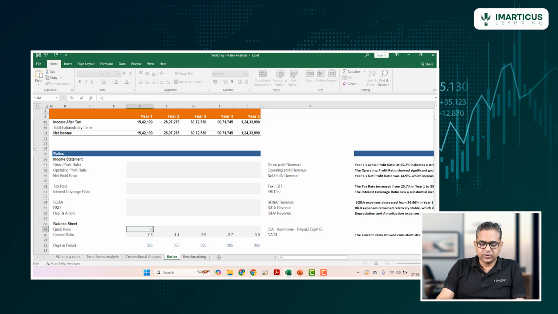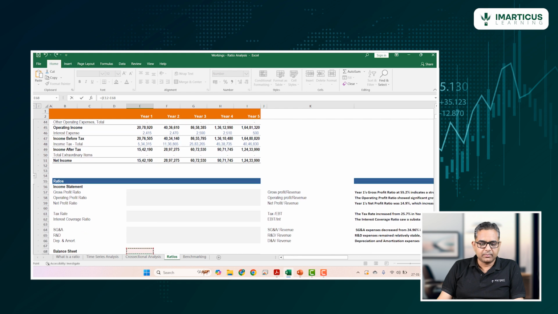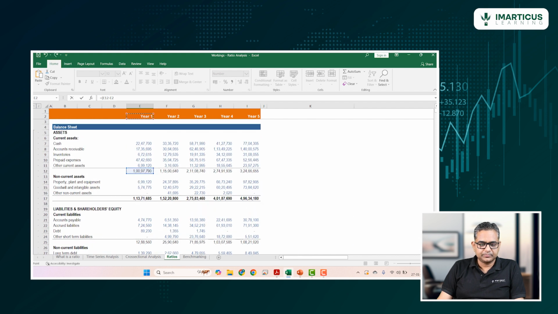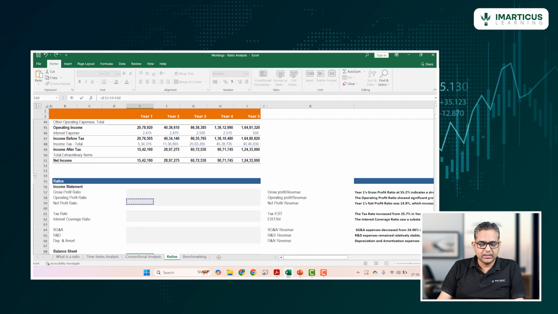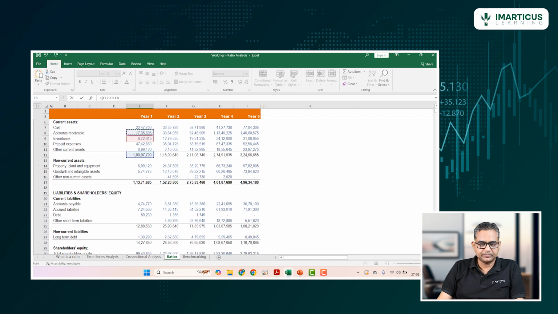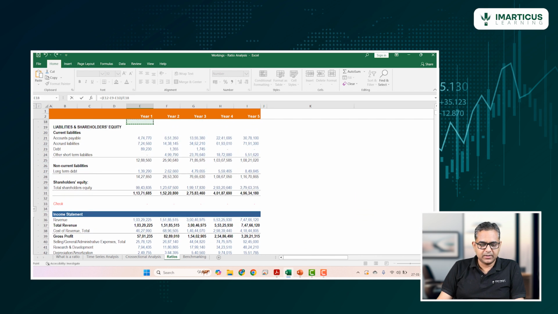Let's look at the quick ratio. This is total current assets minus inventories minus prepaid expenses, divided by current liabilities.